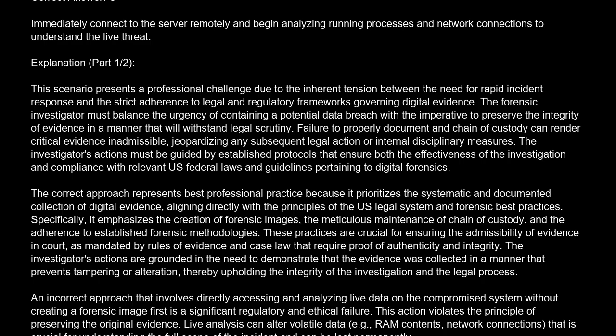An incorrect approach that involves directly accessing and analyzing live data on the compromised system without creating a forensic image first is a significant regulatory and ethical failure. This action violates the principle of preserving the original evidence. Live analysis can alter volatile data, e.g., RAM contents, network connections, that is crucial for understanding the full scope of the incident and can be lost permanently.